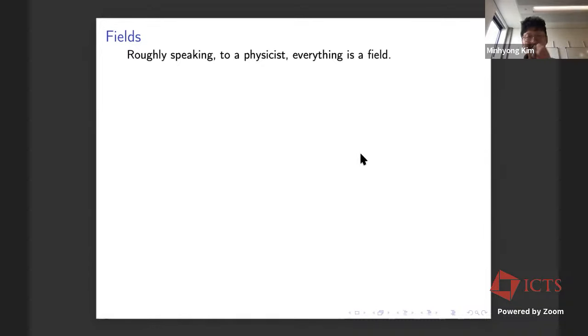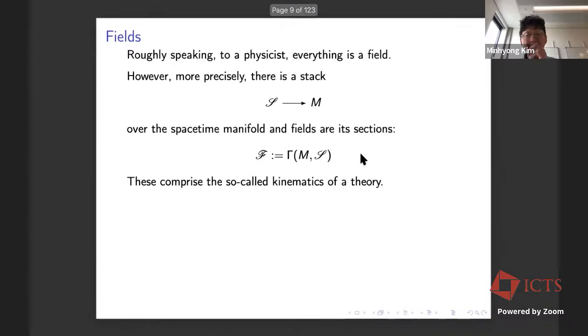So now, to make this slightly more precise, when a physicist talks about a field, usually they have in mind a fiber bundle over a manifold, which represents space-time. So M is some manifold, usually four-dimensional, representing Minkowski space, or some more complicated Lorentz manifold. And you imagine having a scheme over it, or a fiber bundle, or more generally a stack.